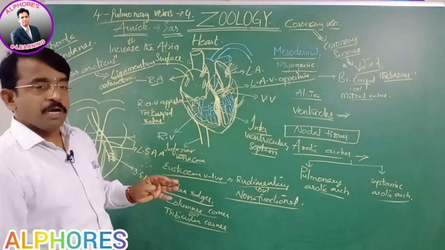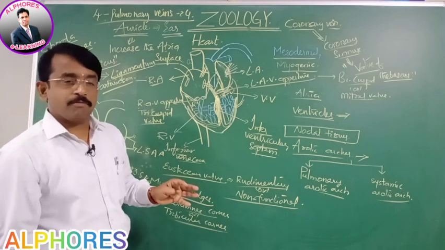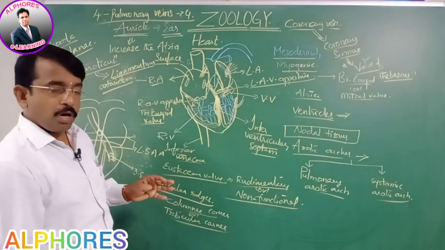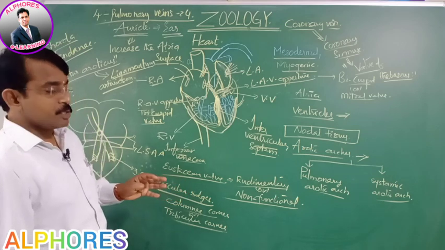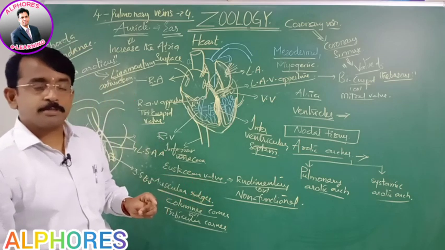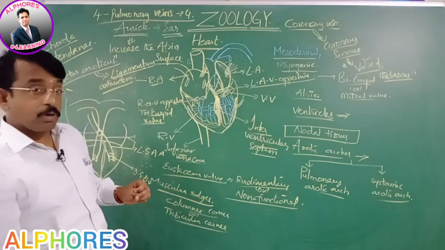Next, bicuspid valve, tricuspid valve, valve of Thebesius, eustachian valve, semilunar valve. Next, chordae tendineae, columnae carneae, and papillary muscles are all what we have seen.